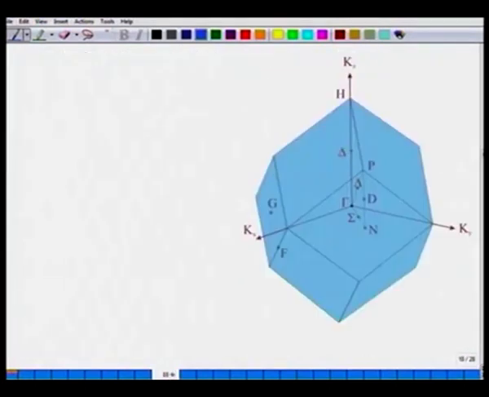Now, this picture I will show you. So, this is what I am introducing, the Brillouin zone. Before I do this Brillouin zone one more time, at this point of time, Wigner-Seitz.